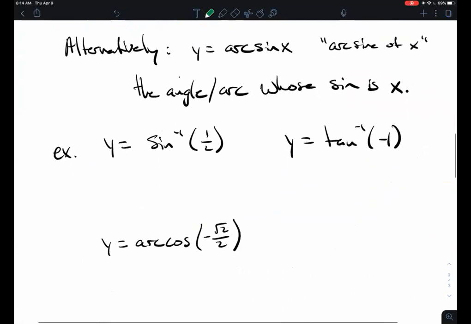So this notation might actually make a little more sense. The arc sine of x really means find me the arc or the angle whose sine or cosine, whatever it is, is x, x being that ratio. So the question that the inverse answers is, what's the angle?